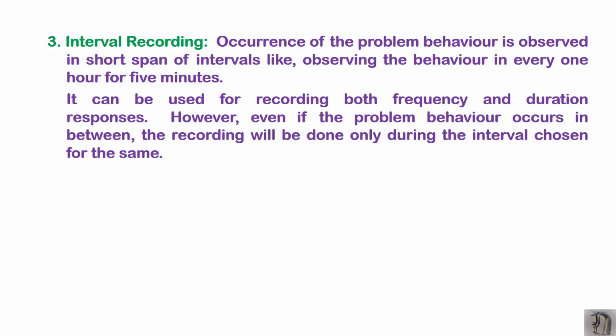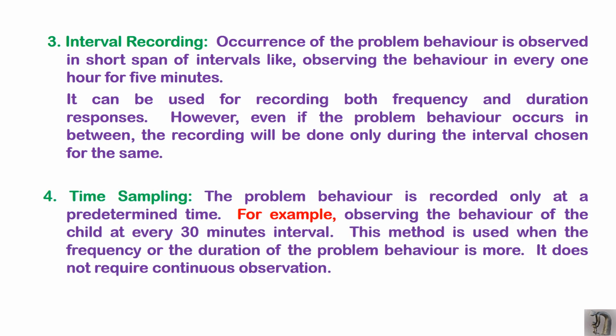If the problem behavior occurs in between, the recording will be done only during the chosen interval. Here they have given 5 minutes, but I may take 10 or 15 minutes. So every 15 minutes I will observe whether the child is doing the undesirable behavior or not, and then I will record.